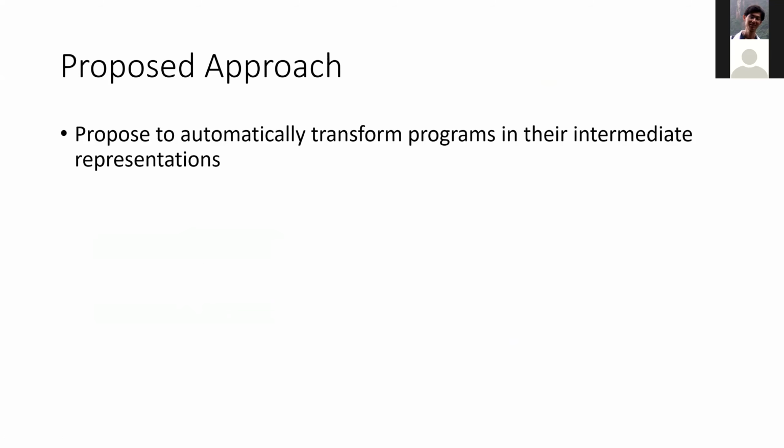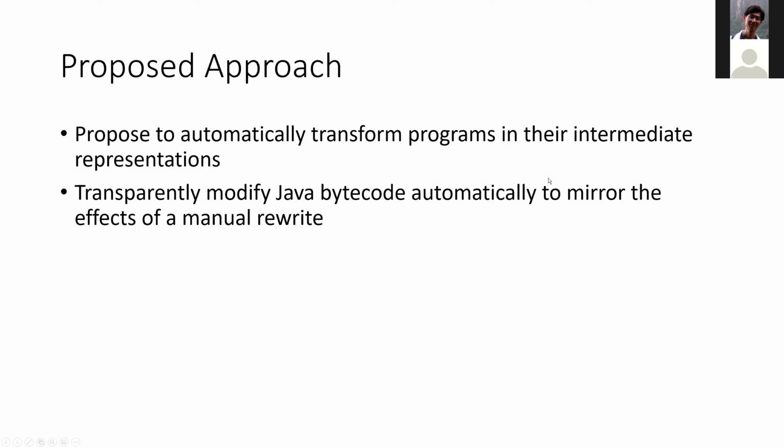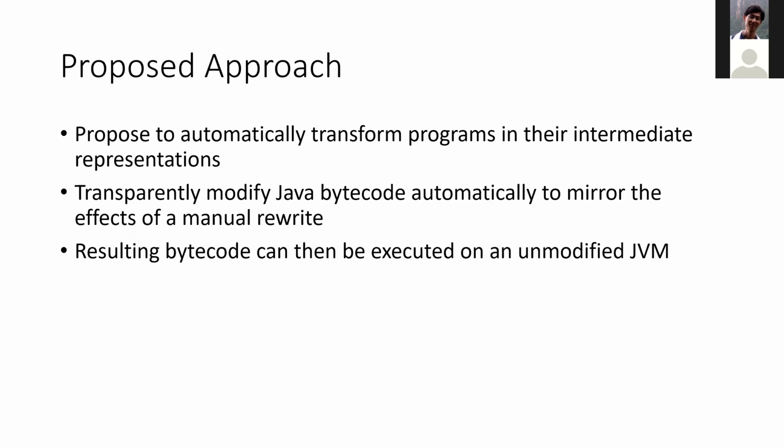So this is the proposed approach: to automatically transform programs at their intermediate representation, in this case the bytecode, so that it can mirror the effects of a manual rewrite. The resulting bytecode can then be executed on an unmodified JVM.